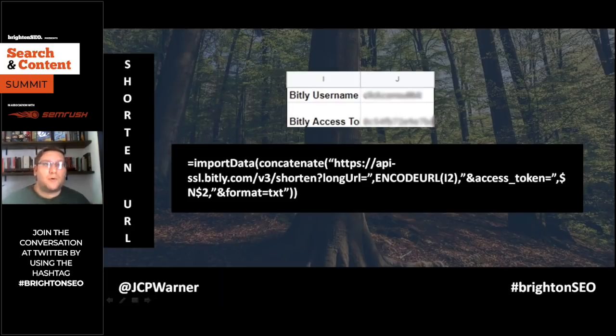But this formula, the import data, again, just does exactly what it says on the tin, so to speak. It tells your spreadsheet that it is going to pull something in. The concatenate then says we're adding this API call, which is the short and long URL, to the access code, the access token, and we're going to return that as a text value.